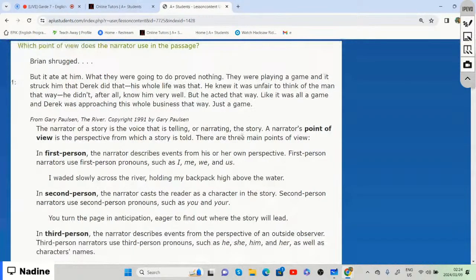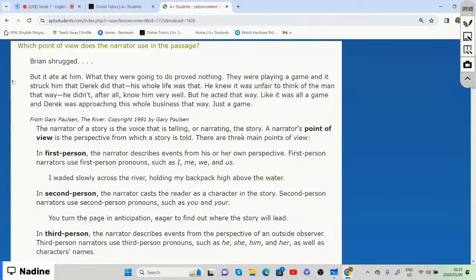Brian shrugged, but it ate at him. What they were going to do proved nothing. They were playing a game, and it struck him that Derek did that.